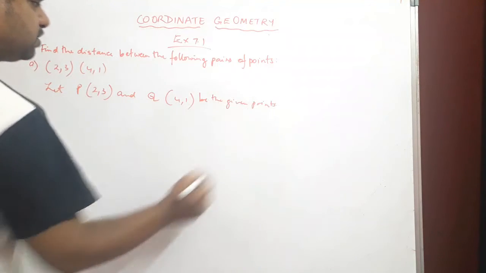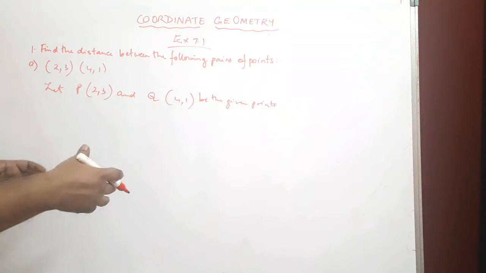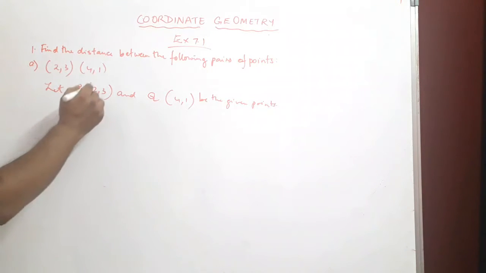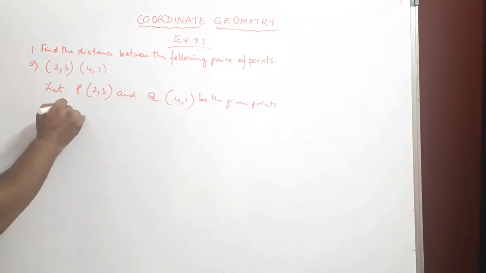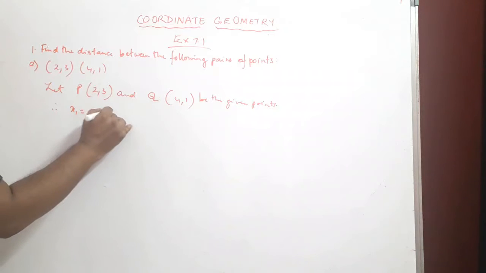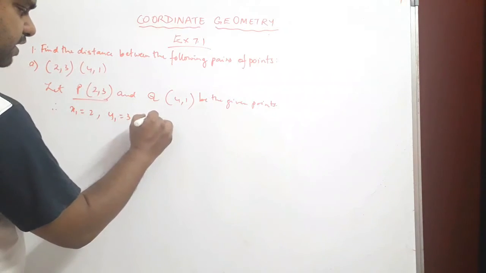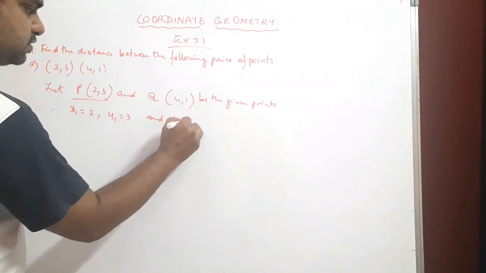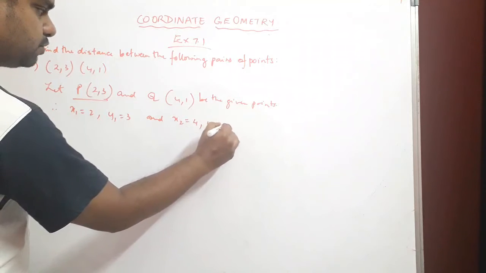Okay, be the given points. Because our distance formula deals with x1, x2 and y1, y2, first we'll list down what x1, x2 are from here. Therefore x1 equal to 2, y1 equal to 3, and x2 equal to 4 and y2 equal to 1.